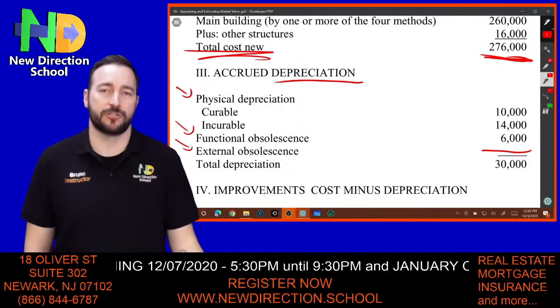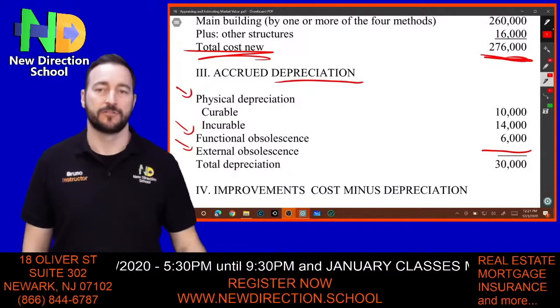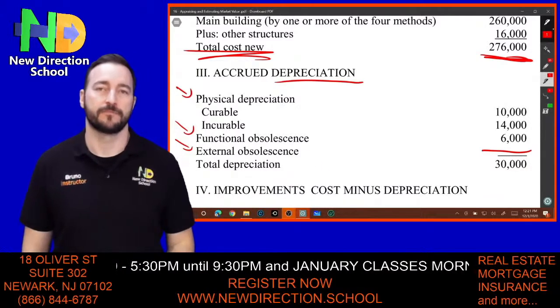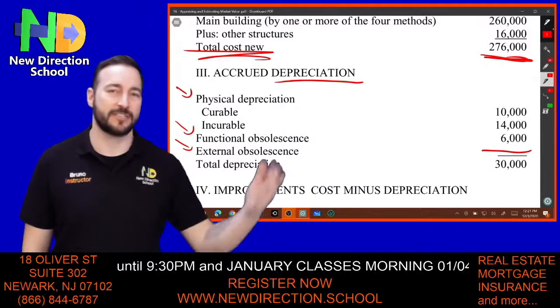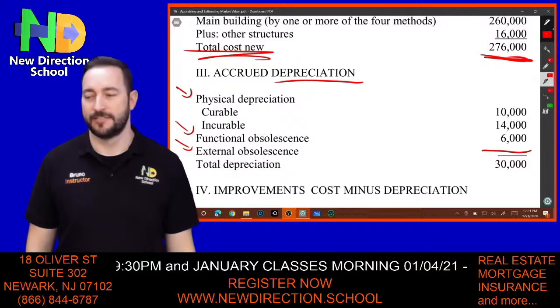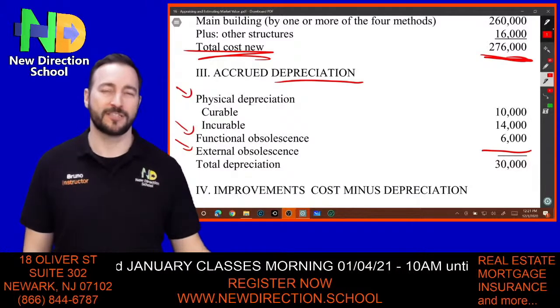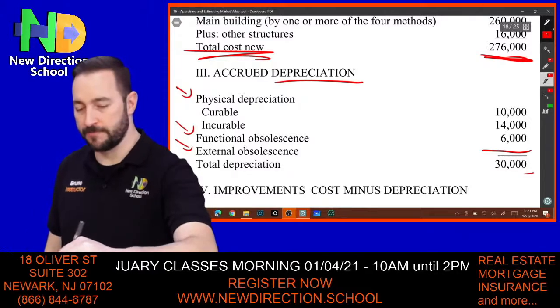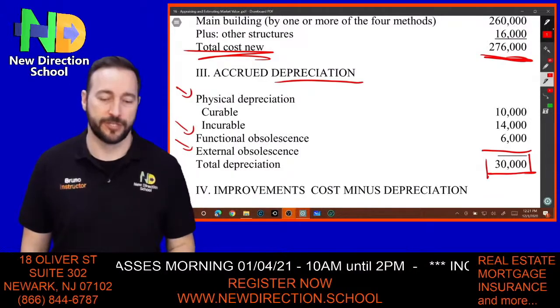Like we cannot air condition the building. How much does that detract from the value? It's incurable. So $14,000 loss. Functional, whatever, like the intercoms. It costs $6,000 to change the intercoms that Jen was talking about. So the total loss in value, total depreciation, is $30,000. That's the total depreciation.